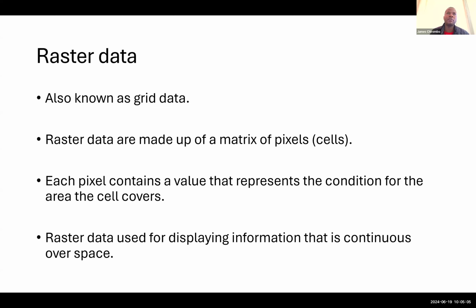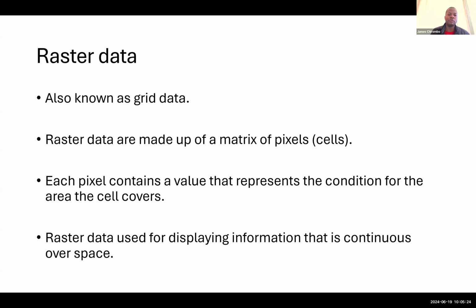I can think of an example such as elevation. Okay? So in any geographical setting, if you look at elevation, it changes continuously. So you can't represent the elevation of an area by a set of points or lines.